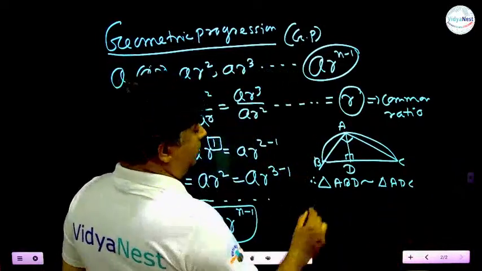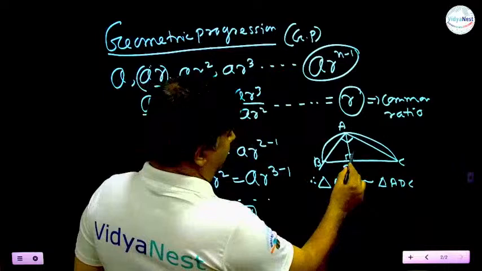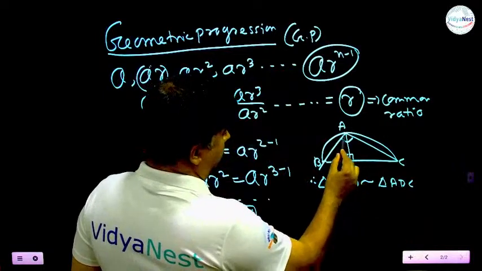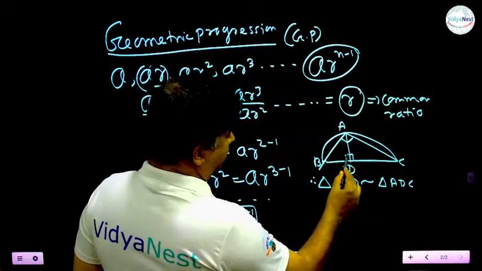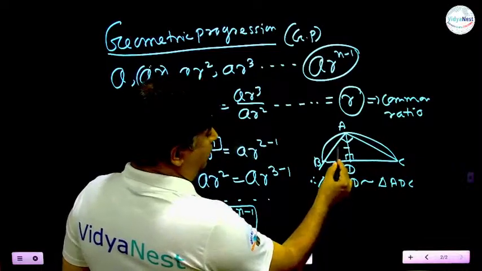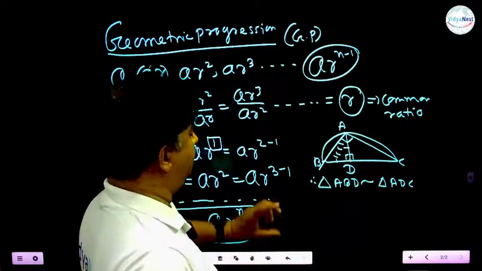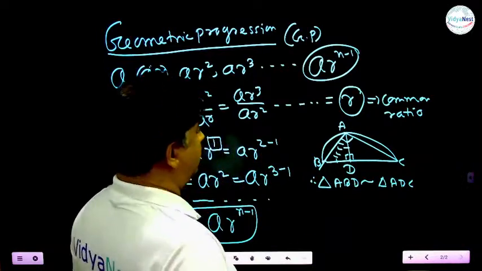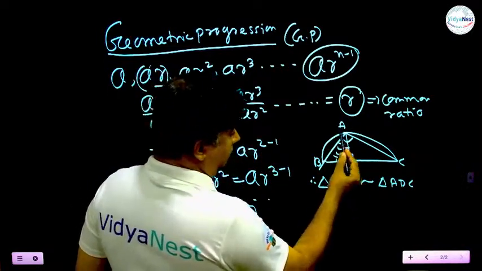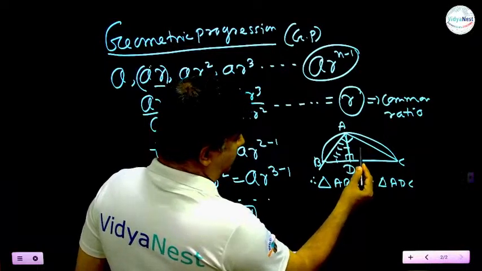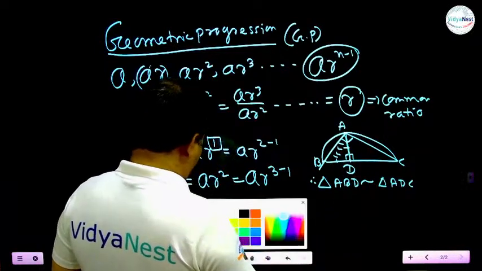Now you observe here, AD is the perpendicular of this triangle and BD is the base of this triangle, and on this base this triangle is drawn.